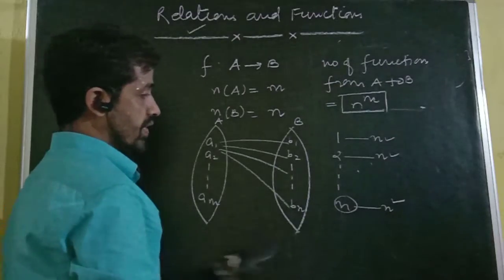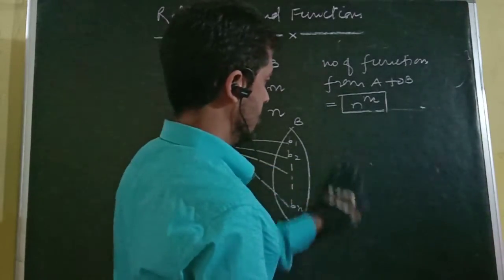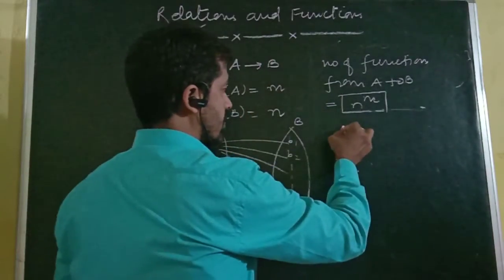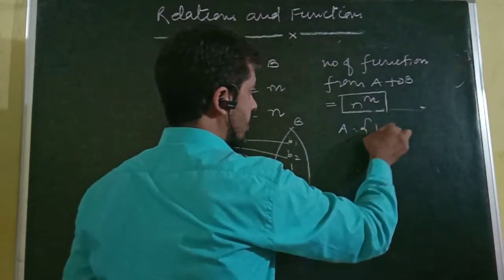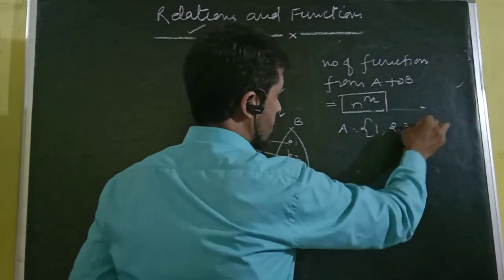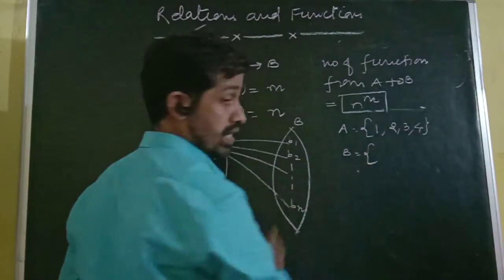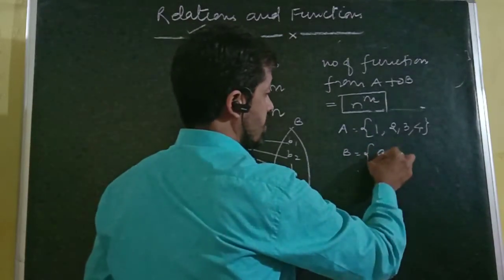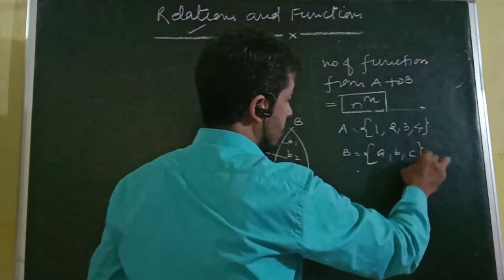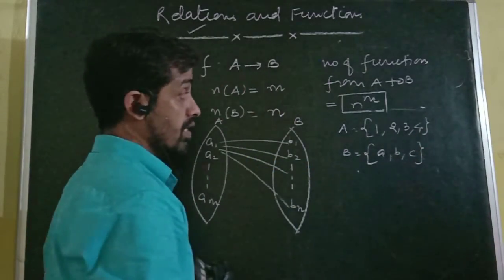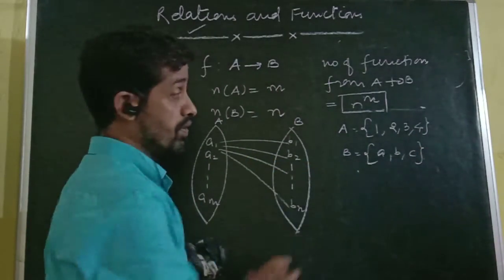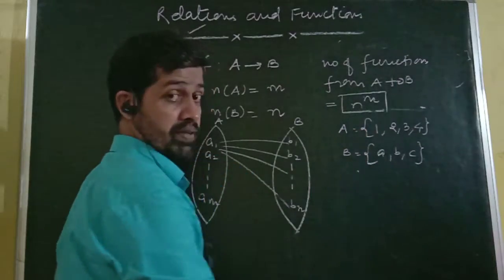For example, we take this set A containing elements 1, 2, 3, 4. This is set B containing elements a, b, c. Then how many functions are defined from set A to set B?